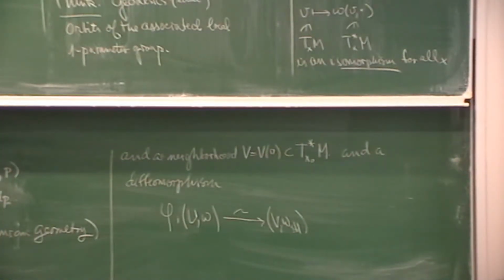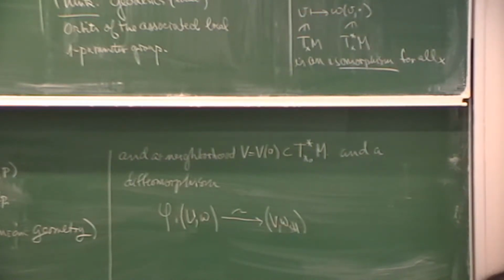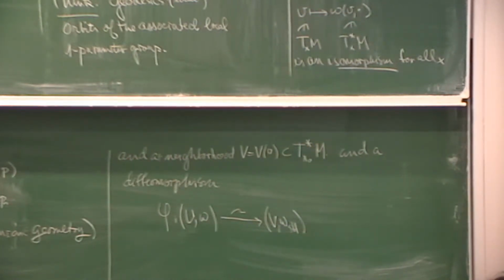Let us look at this for a moment. You have a structure on a manifold, a symplectic structure.